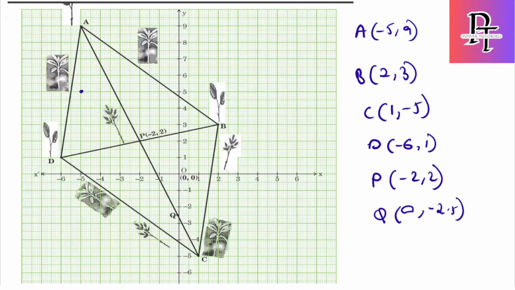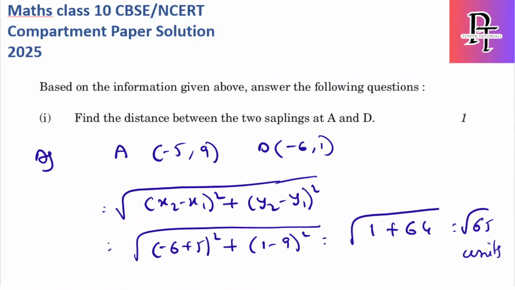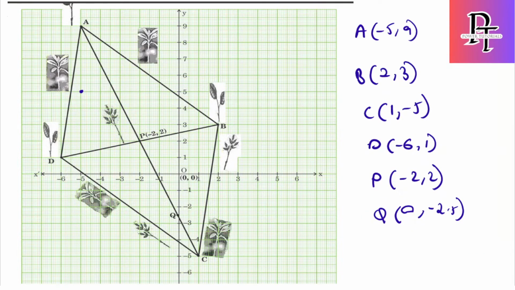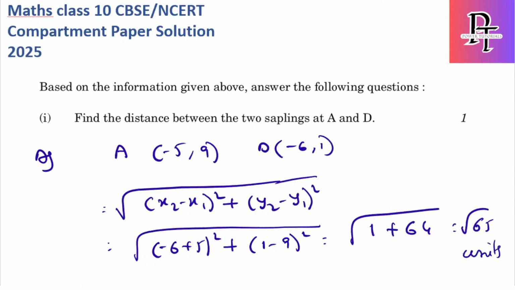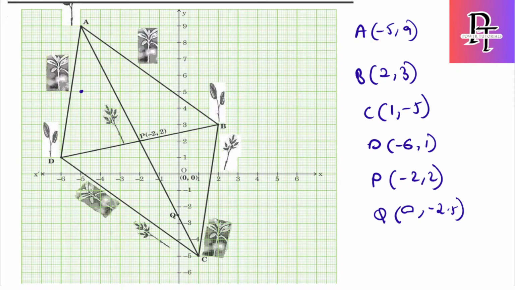Let me check again. A is minus 5 comma 9, D is minus 6 comma 1.